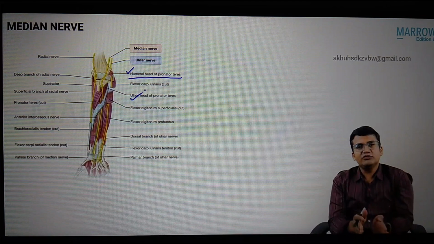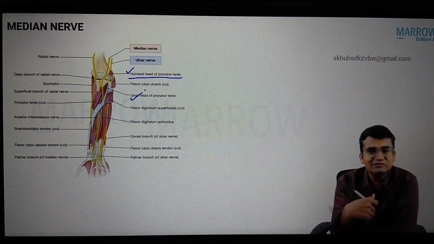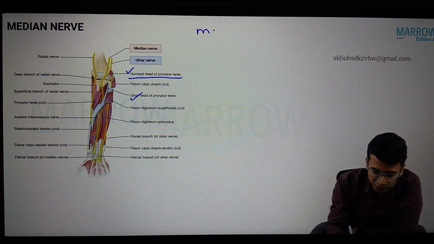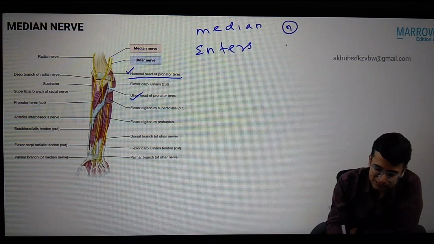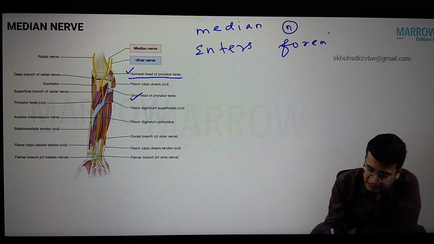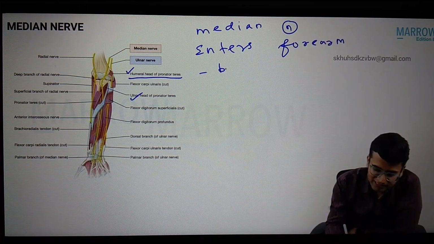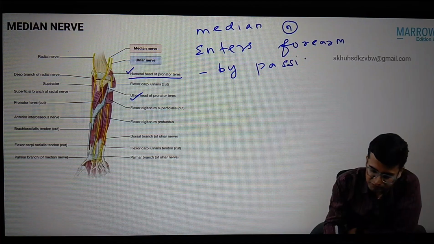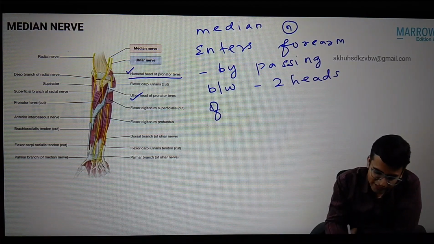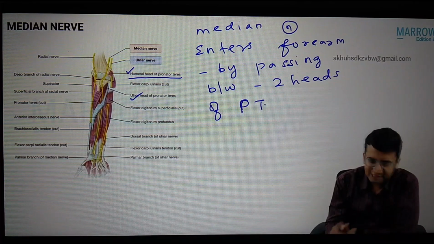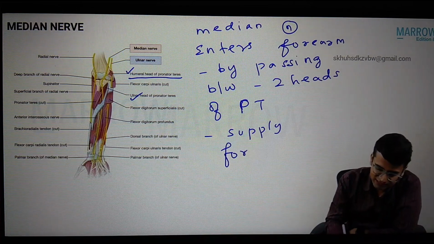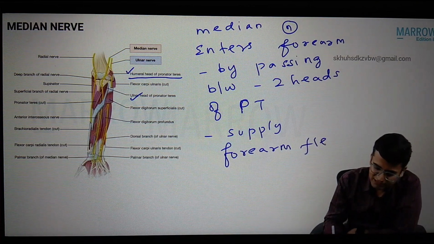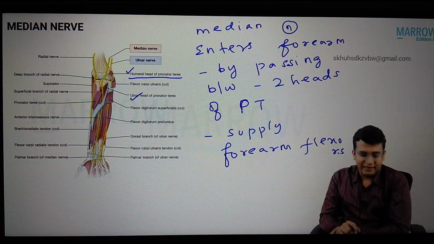So please write: the median nerve enters the forearm by passing between the two heads of pronator teres muscle and supplies the forearm flexors. Okay, right.